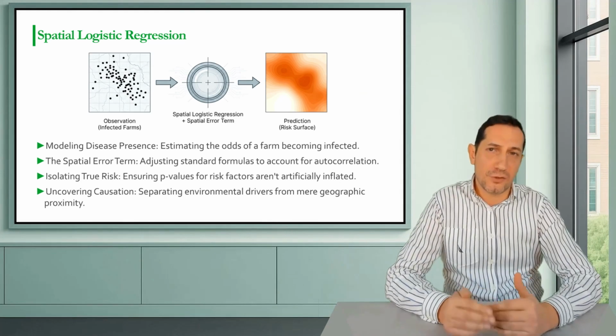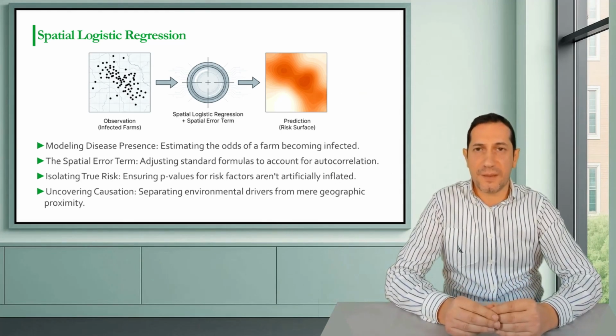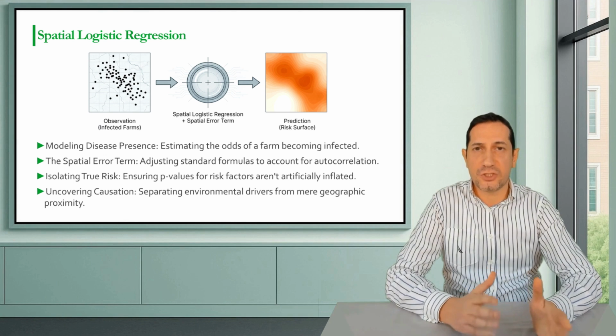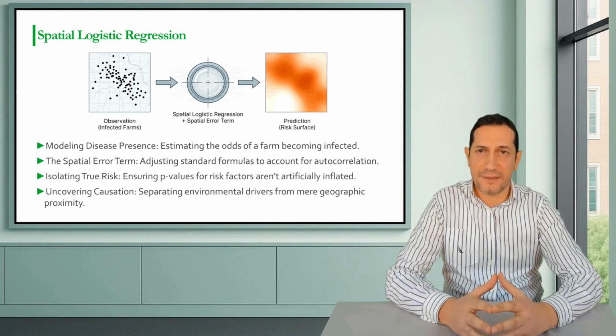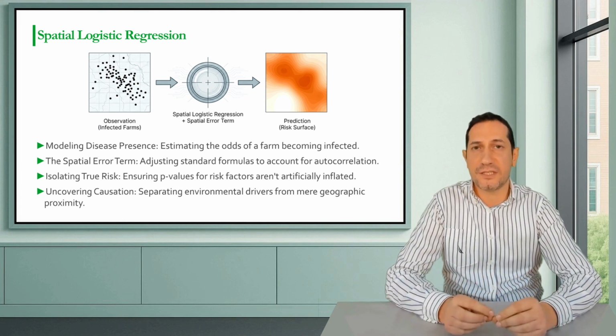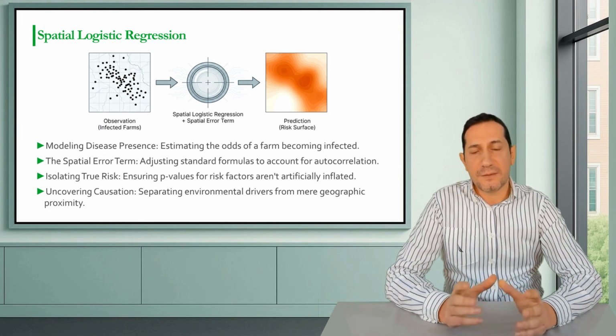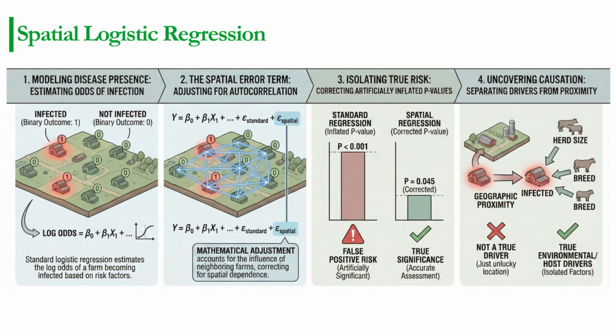The main statistical tool for building predictive risk maps is spatial logistic regression. Standard logistic regression is used when the outcome is binary. For example, a farm is either infected, coded as 1, or not infected, coded as 0.